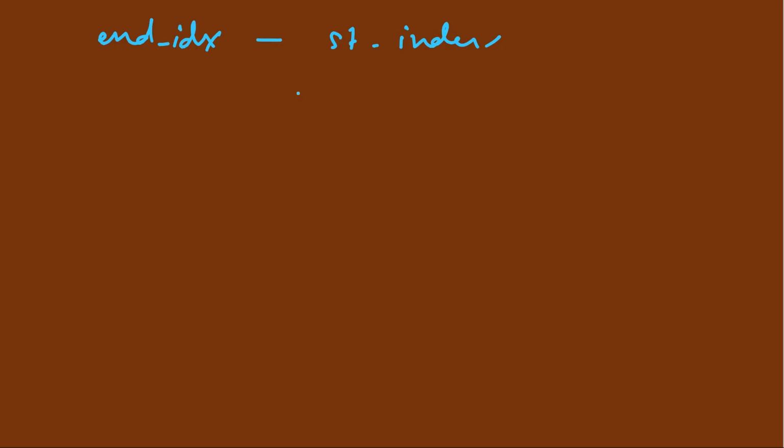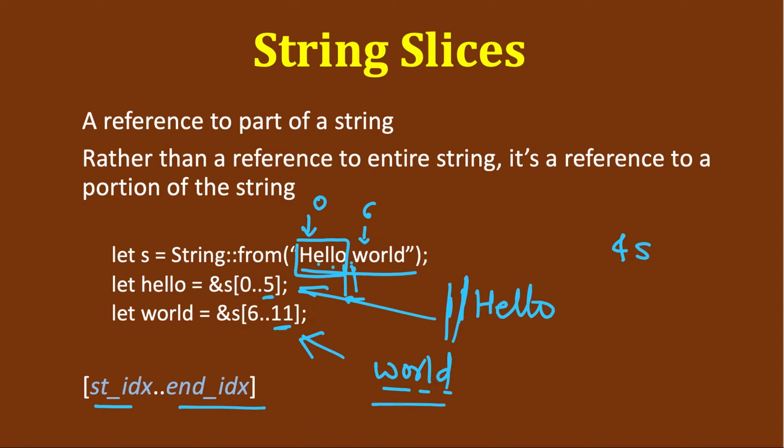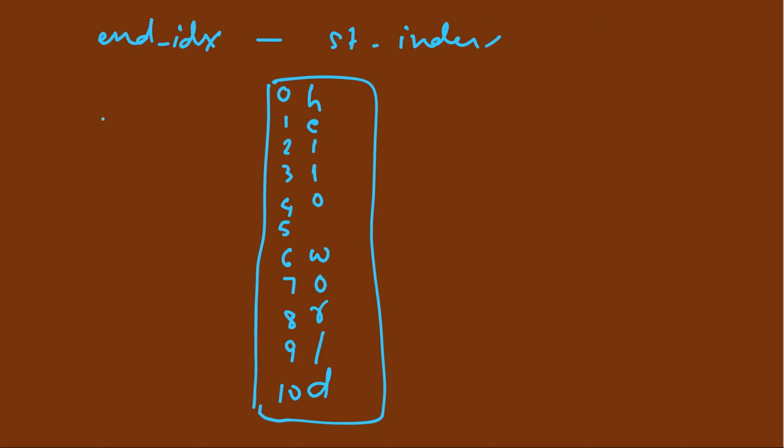So we have HELLO, then a space, then WORLD, and this is at index 0, 1, 2, 3, 4, 5, 6, 7, 8, 9, 10. So this first string s will contain a pointer, a length and a capacity, and length and capacity are both 11 here.